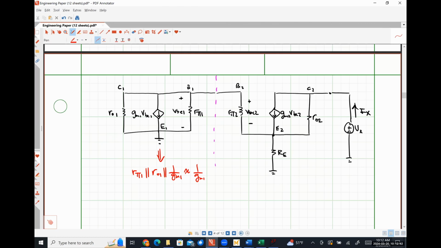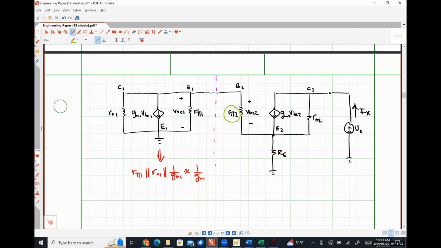So now we can see effectively that we have this resistance R pi 2 in series with 1 over GM1.